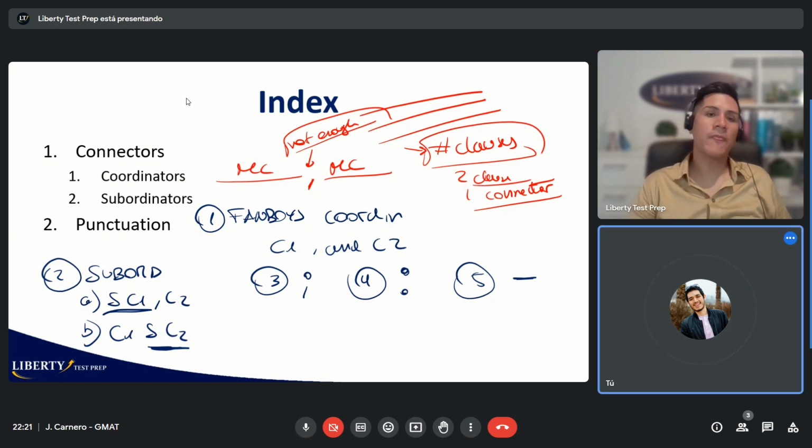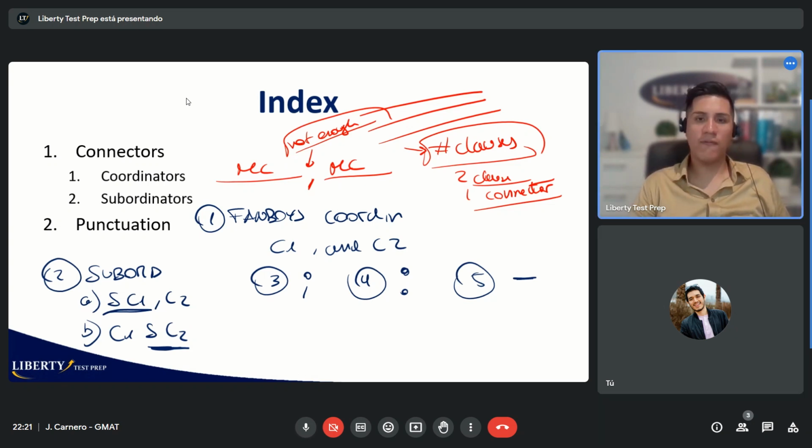So the first three are the ones we want to truly memorize: FANBOYS, subordinators, and colon, semicolon. But then, of course, in order to apply that, you have to notice how many clauses you have in a sentence. Very good.